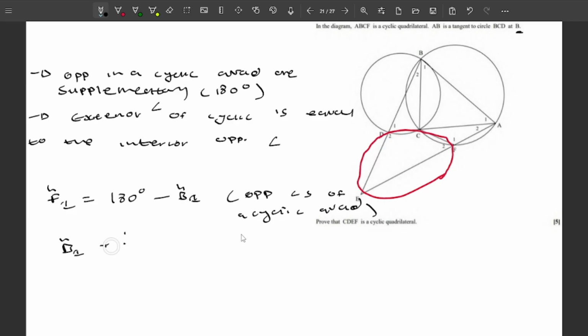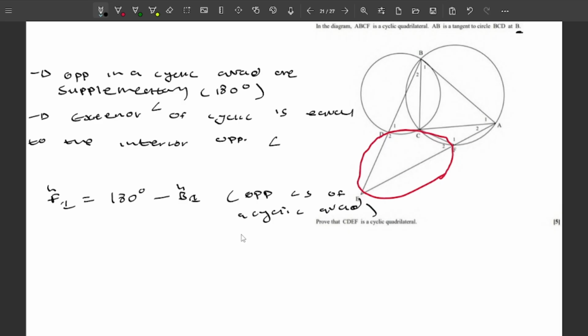Now that I found angle F1, let's look at D2. How can we relate angle D2? They said AB is a tangent, and we have angle B1. How about we use tan quad?